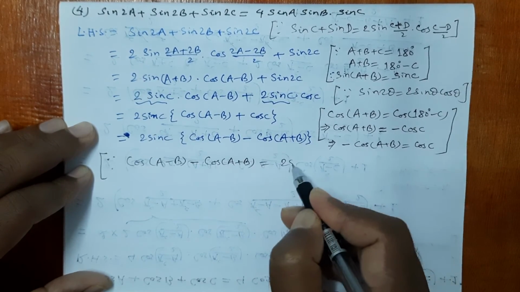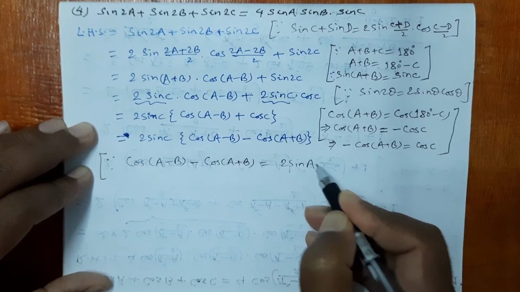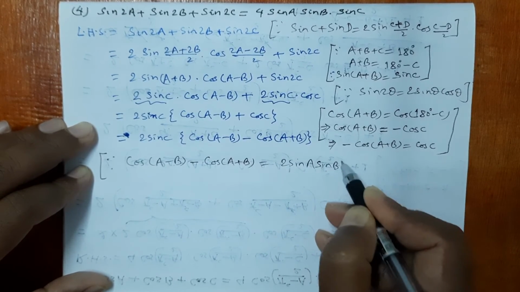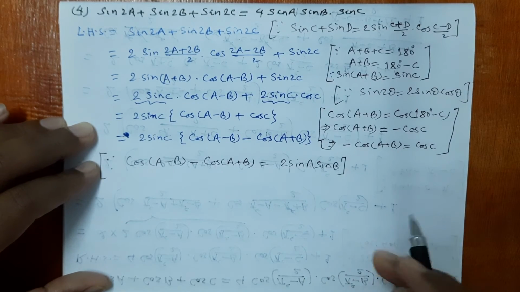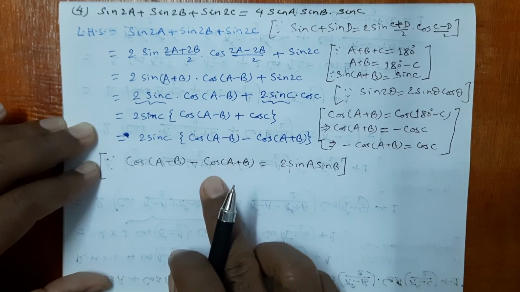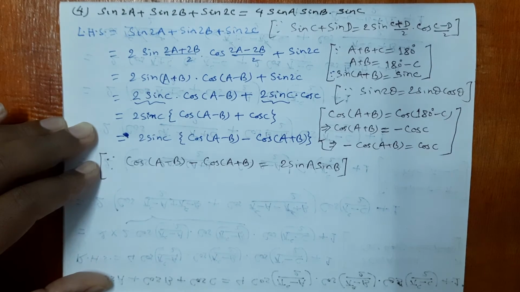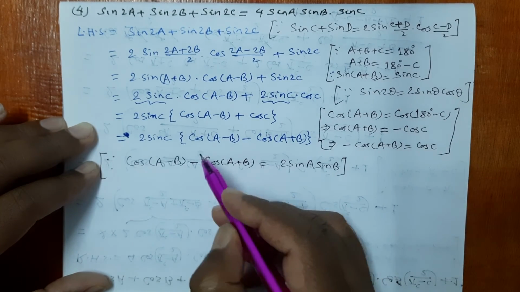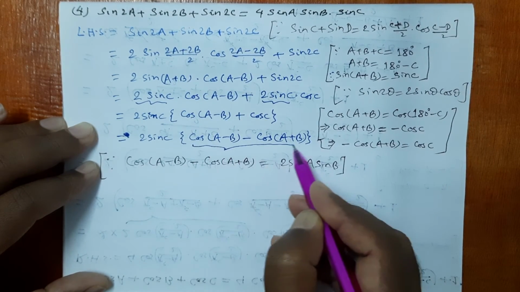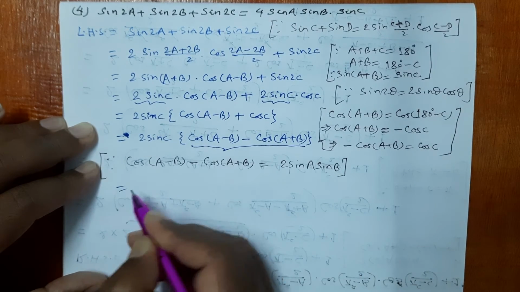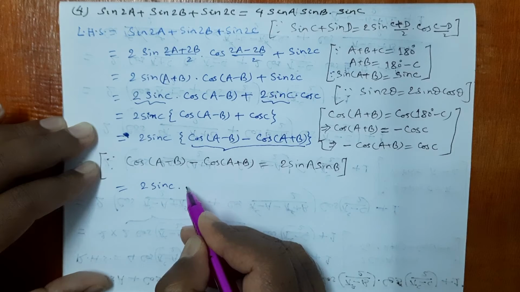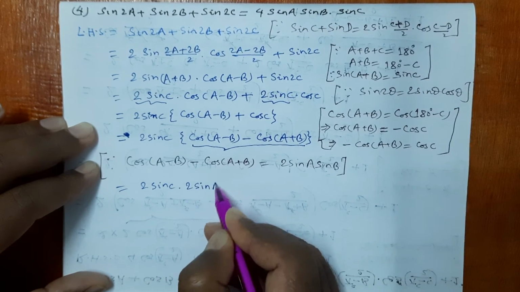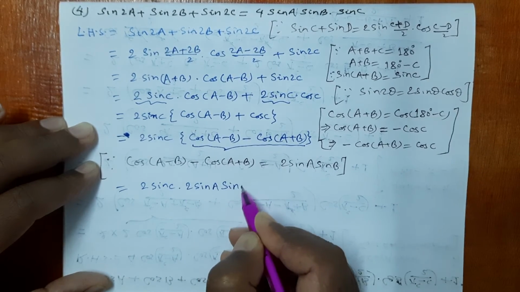The formula is 2 sin A sin B. We have this formula for cos (A minus B) minus cos (A plus B), so we can use it for these two terms. So this equals 2 sin C times 2 sin A sin B.